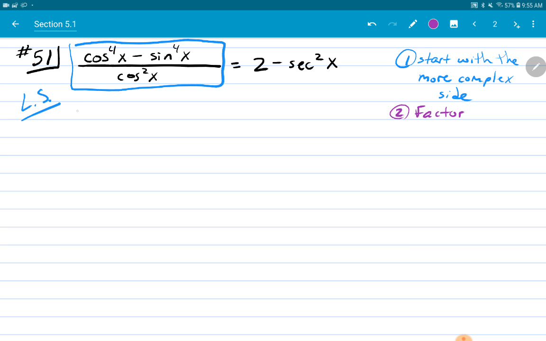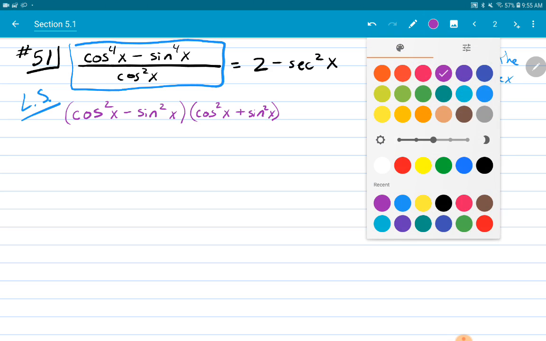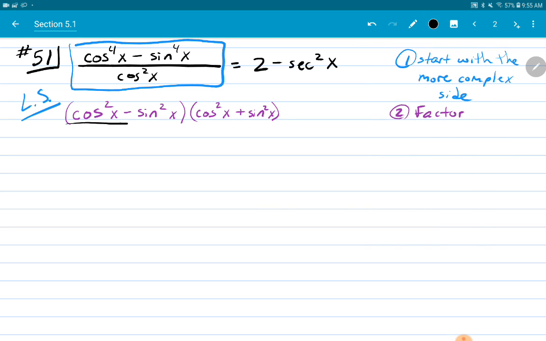So cosine to the 4th and sine to the 4th are a difference of 2 squares, and the squares are cosine squared and sine squared. And so when I factor it using the difference of 2 squares, I get this. And I have not touched the denominator, so I will just copy that down.